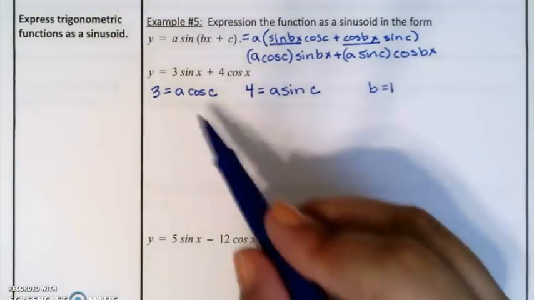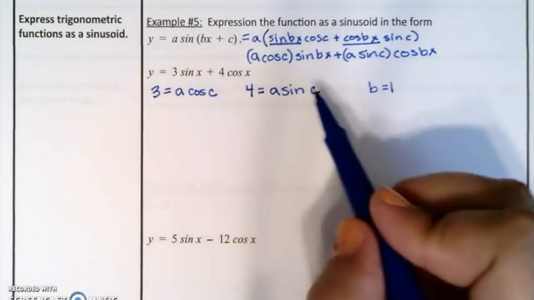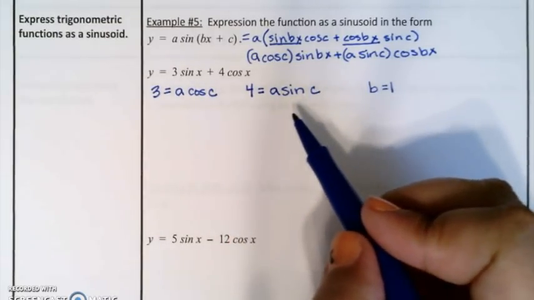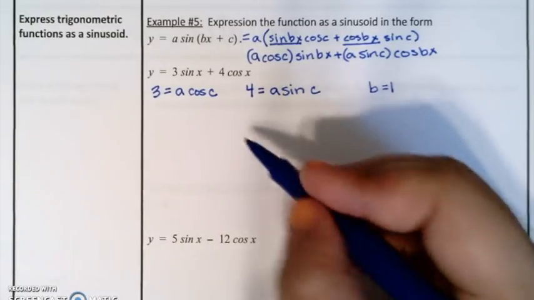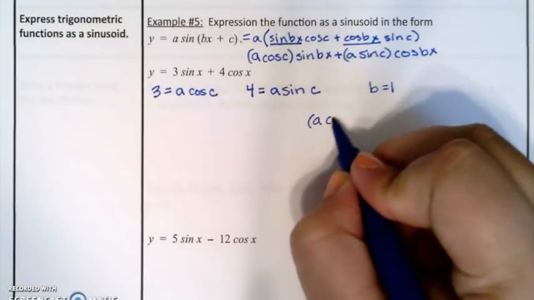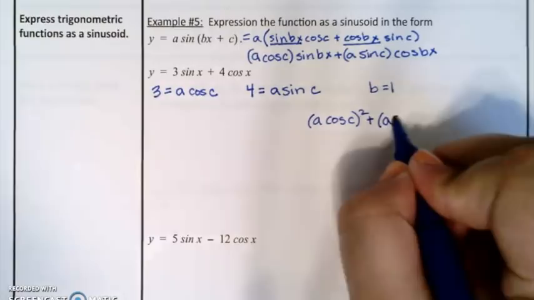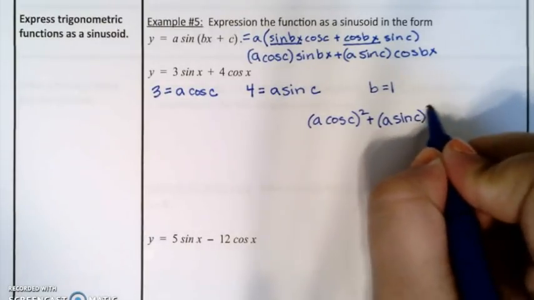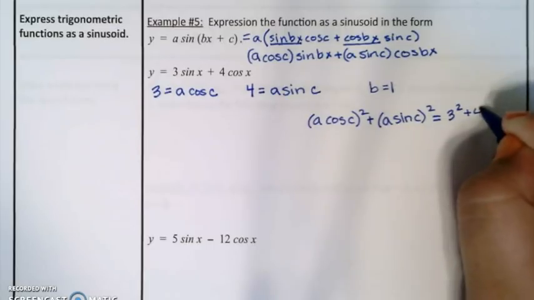So now I need to solve for a and for c. And I see that I have a cosine term and a sine term. If I want to solve for one of those variables, maybe I can use the Pythagorean identity. So let's try: a cosine of c squared plus a sine of c squared equals 3 squared plus 4 squared.